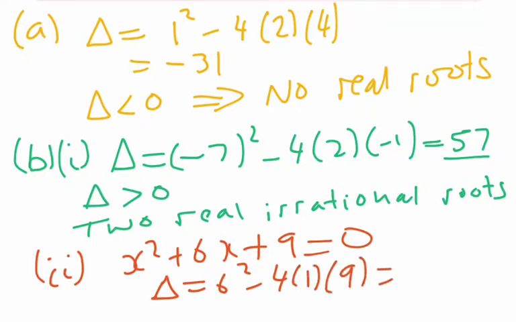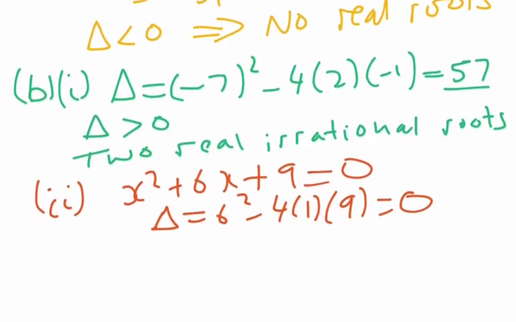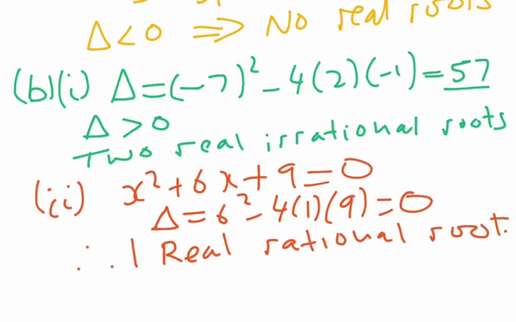So that's going to be 36 minus 4 times 9, which is 36 minus 36, which is 0. Okay, so we've got a 0 discriminant. So that means we have 1 real root and it's rational.